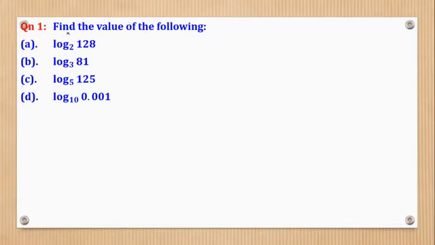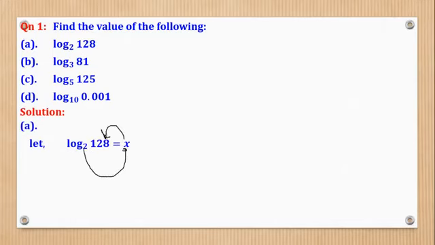The question says, find the value of the following. Logarithm of 128 base 2. We shall let it be x. Then remember that we said this to the power this is equal to this, which is here: 2 to the power x is equal to 128.